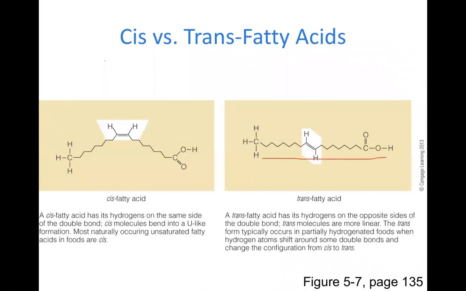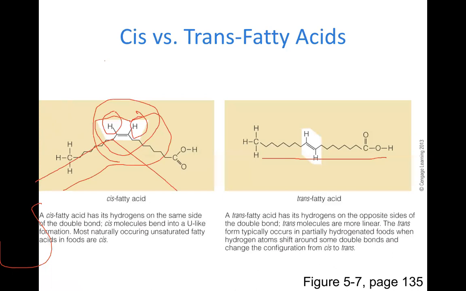The opposite of a trans fat is, sorry, the drawer is out of control, is a cis fat. And with a cis fat, the hydrogens are on the same side. And because they're on the same side, it gives this fat kind of a mountain or peak shaped or an upside down V shape.